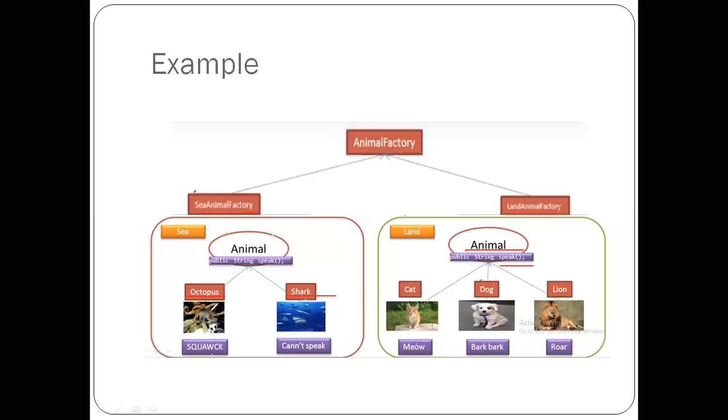So how will the octopus speak? It says squawk. And the shark can't speak anything. These are the speaking methods of the octopus and shark. So these two animals we have defined under a sea animal factory. These three are the land animal factory, these three are the sea animal factory.